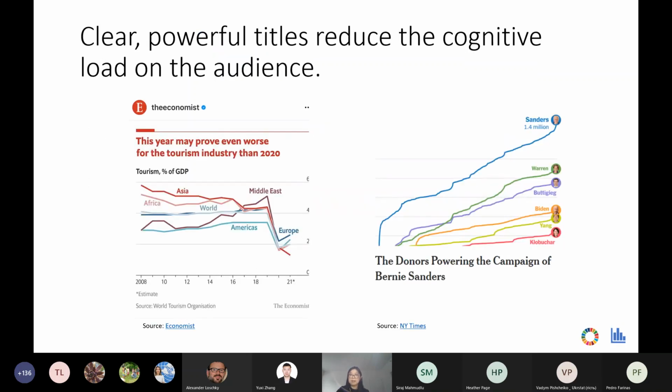Everything has some load on your audience, the colors and the words and everything. So it is important to make your titles as clear and powerful as possible, so you can reduce the cognitive load on the audience to make their process of digesting your information smoother.